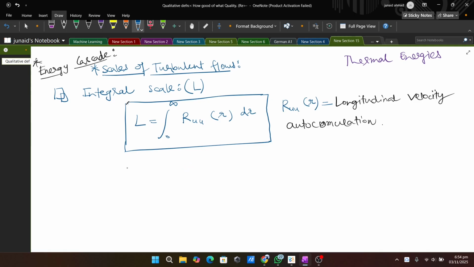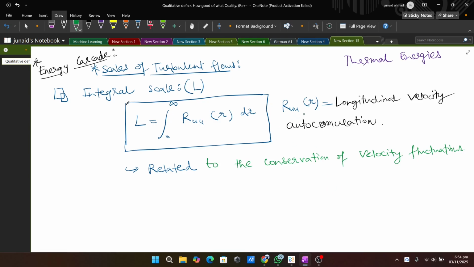This is related to the conservation of velocity fluctuation. All right.